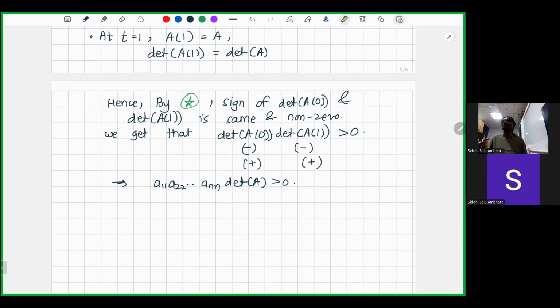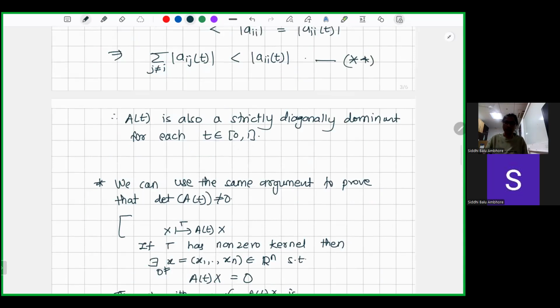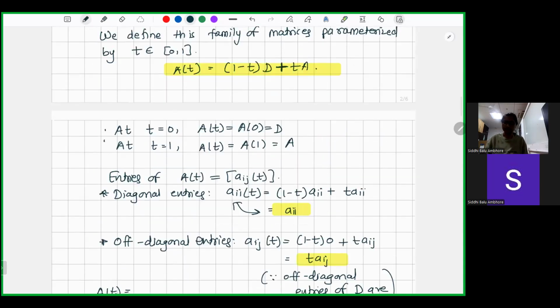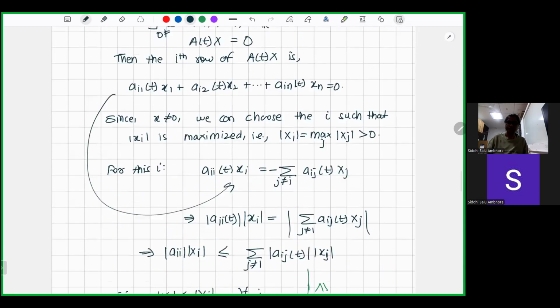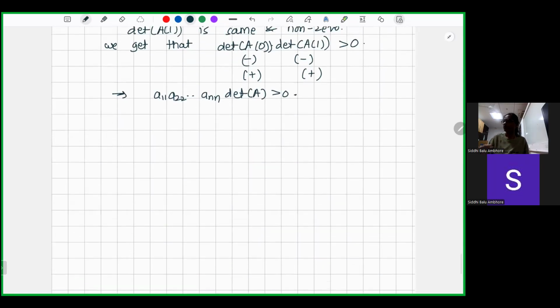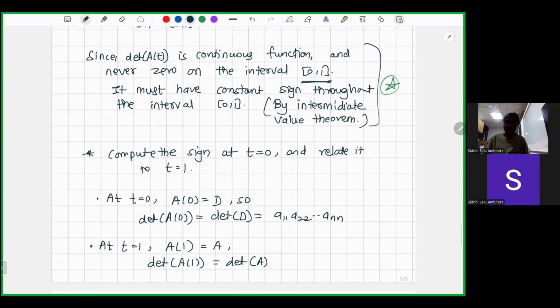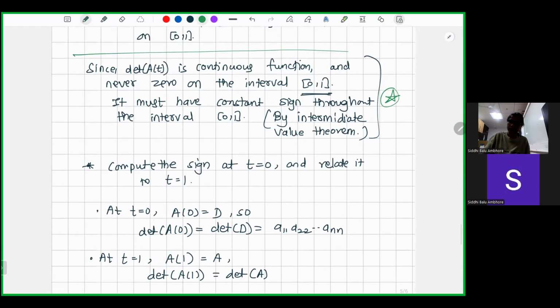Two terms with the same sign always give a positive product when they are non-zero. Hence this is what we wanted to prove, that this will always be positive. We use the intermediate value theorem here to conclude this.